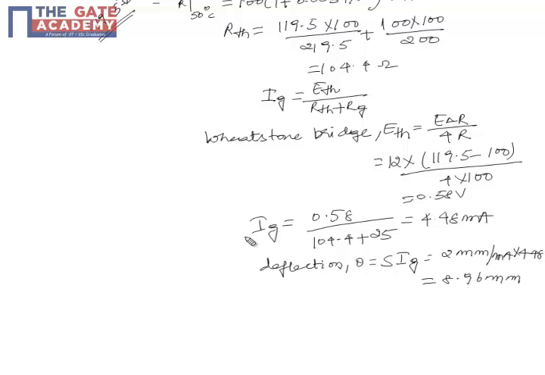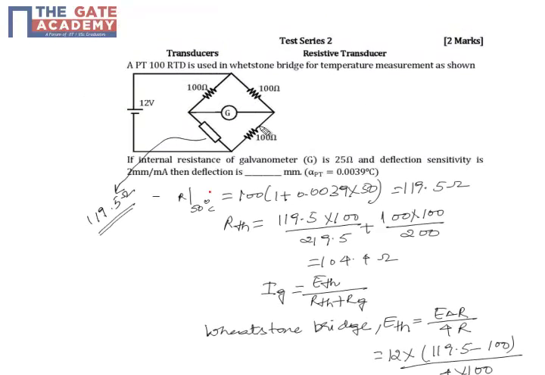The current through the galvanometer we can calculate as 0.58 divided by 104.4. Here the 104.4 is the Thevenin resistance, as seen from the galvanometer end. To calculate Thevenin resistance, we need to short the supply voltage. So the equivalent circuit looks something like this.